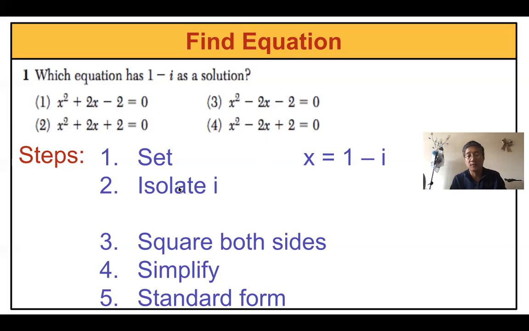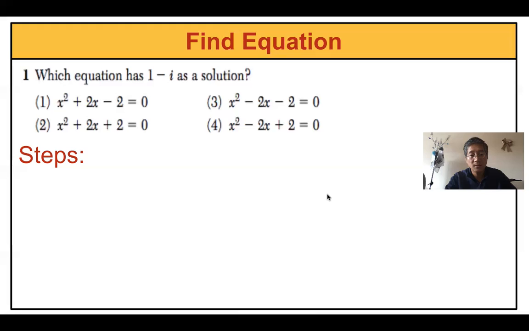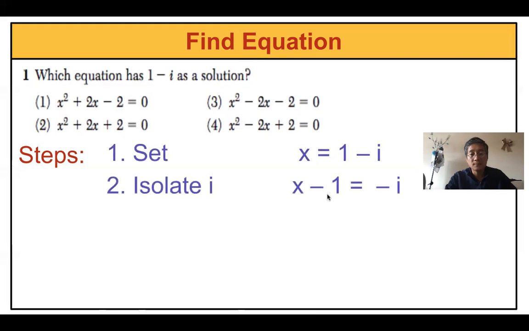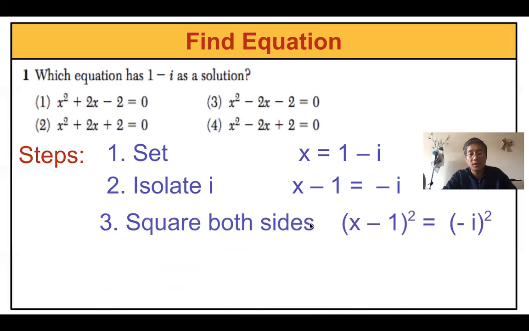That's the point, right? So if you isolate negative i, then you should move 1 to here. Then what happened? It becomes x minus 1 equal to negative i. You move the 1 to the other side. And then to remove i, we square both sides. Then simplify.